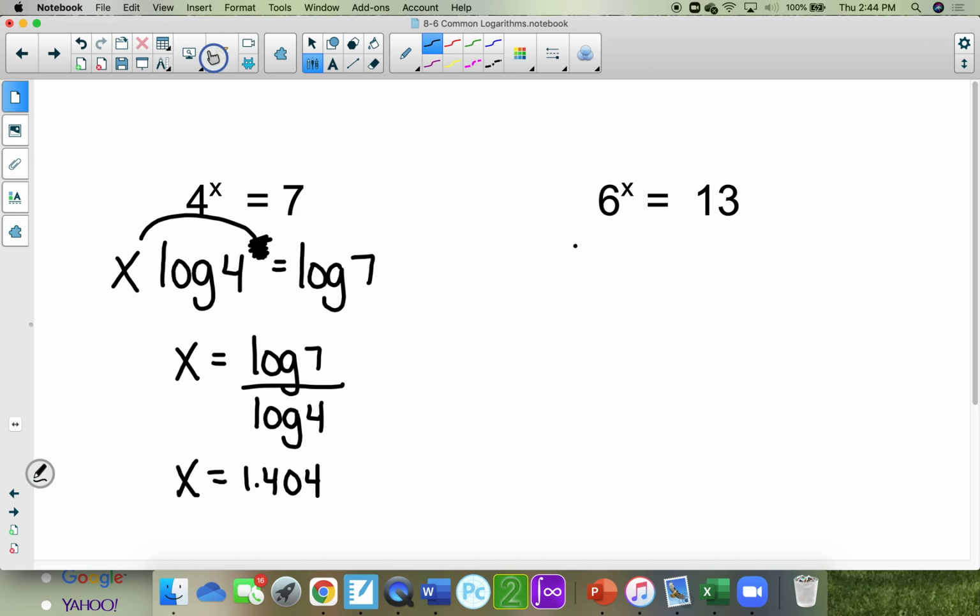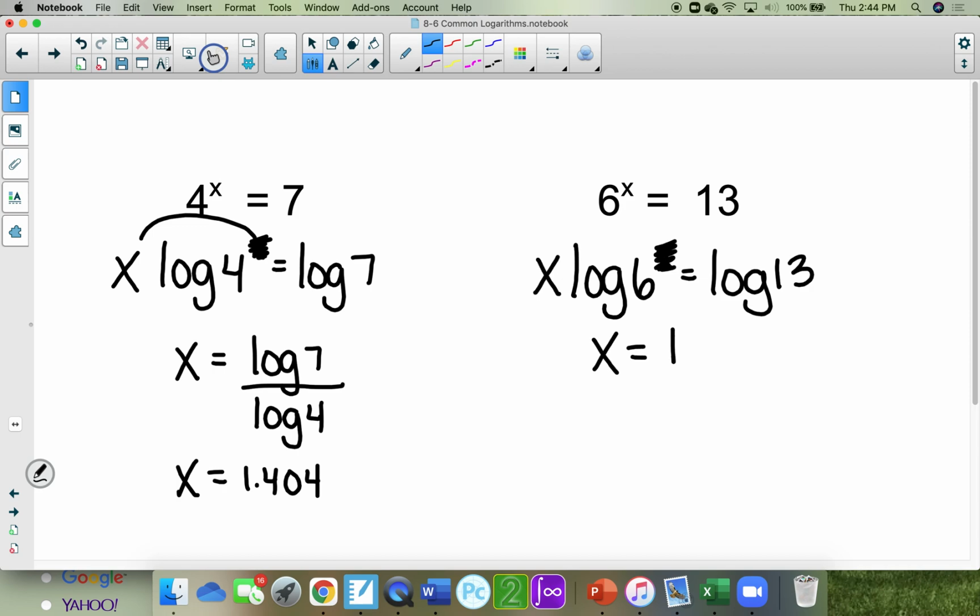One more. The log of 6 to the x equals the log of 13. It's okay, we can do this because whatever you do to one side, you can do to the other. You can take that x and put it out in front. So x is going to equal the log of 13 over the log of 6.